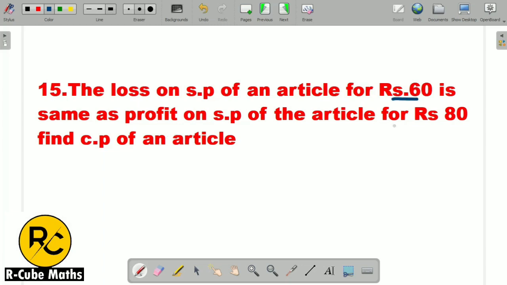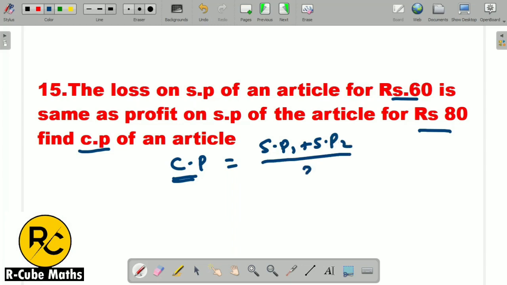The loss on SP of an article for 60 rupees is the same as the profit on SP of the same article for 80 rupees. What is the CP of the article? So very simple. CP is the average of the two selling prices. If an article sold at 60 rupees gives a certain loss, the same amount is the profit when sold at 80 rupees. So first SP is 60 rupees, second SP is 80 rupees, divided by 2.